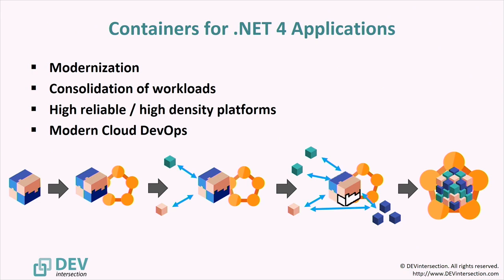The graphics I have at the bottom are trying to explain how you get from this solid cube of interconnected functionality and operation you have within the application, also sometimes referred to as a monolithic application, and how you can, in this example by moving into containers, into Service Fabric, start breaking it out or adding new functionality and start using things like microservices and containers to help modernize the application, giving you some of the benefits that these patterns give you, like consolidating workload with containers in orchestrators, giving you highly reliable, high density platforms, and then of course giving you all the modern cloud DevOps of easily scaling and deploying these applications.